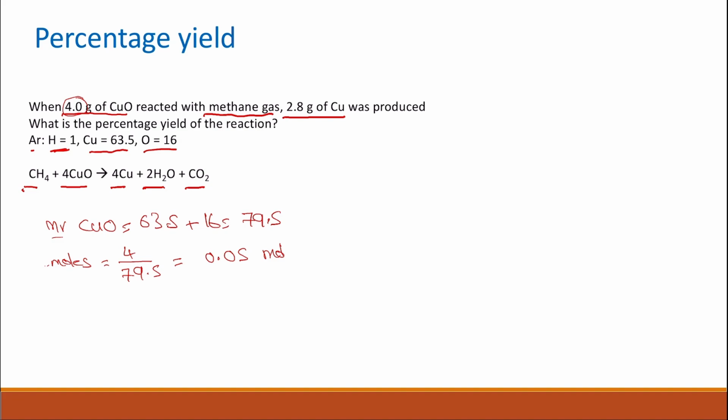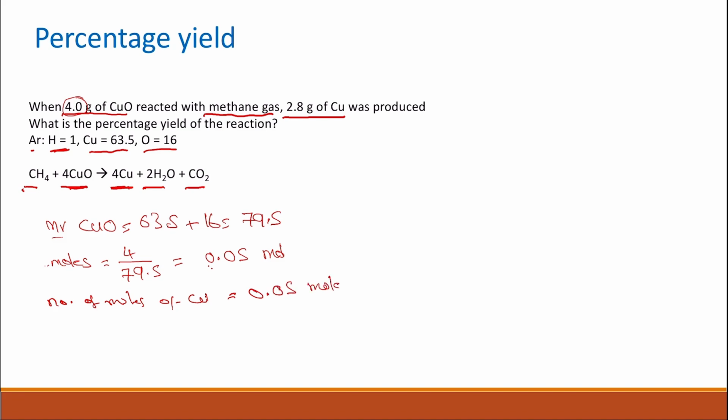So when you look at this reaction, 4 moles of copper oxide will give you 4 moles of copper. That means 0.05 moles of copper oxide should give you the same number of moles of copper. So the number of moles of copper that should be produced if there is 100% yield is 0.05 moles.